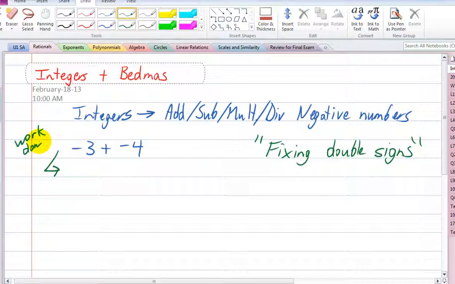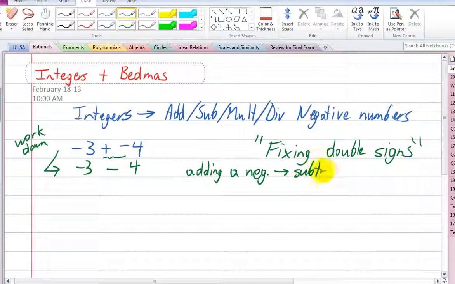Then, as things change, you can see that the negative 3 doesn't change. And I fix these double signs by changing it to a subtraction. Okay? So, when you're adding a negative, what does it turn into?